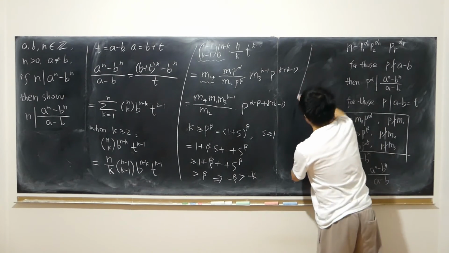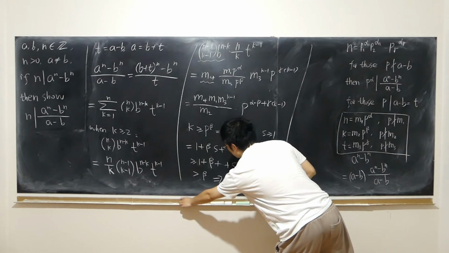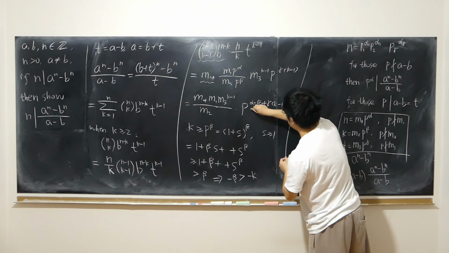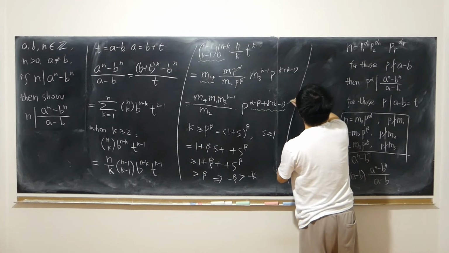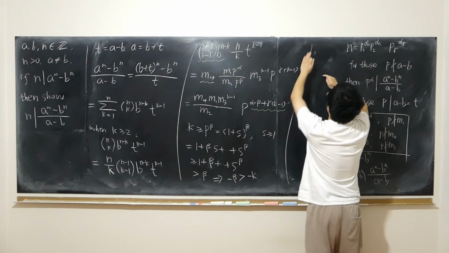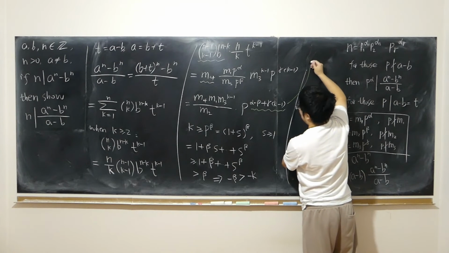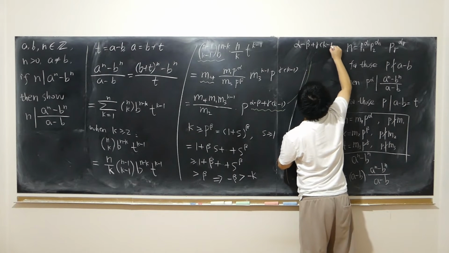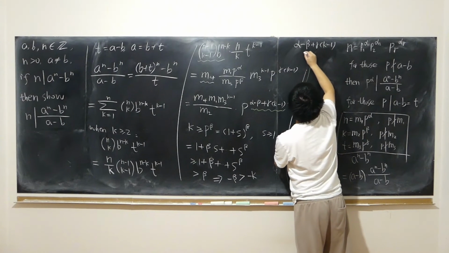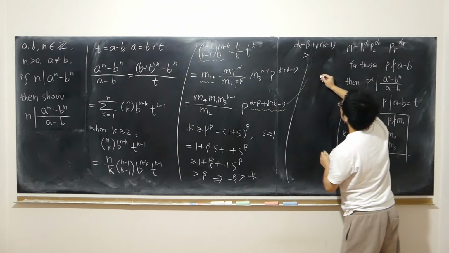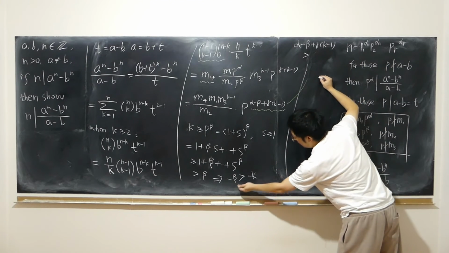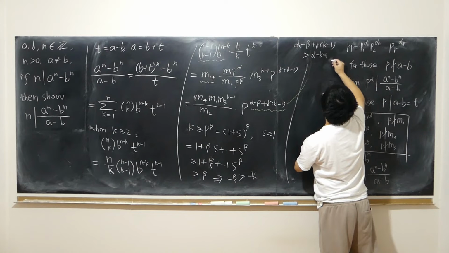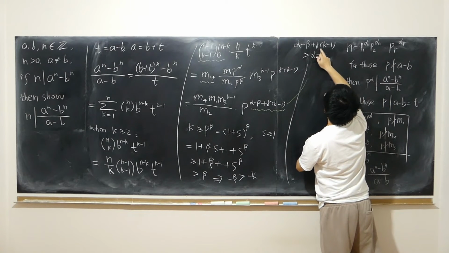So when I look at the power, first of all, I can say that this power, alpha minus beta plus gamma times k minus 1, is strictly bigger than, so replace negative beta with negative k, alpha minus k plus gamma times k minus 1.